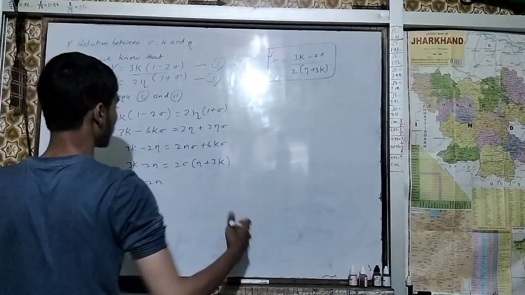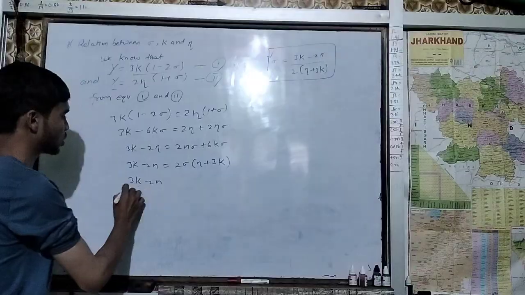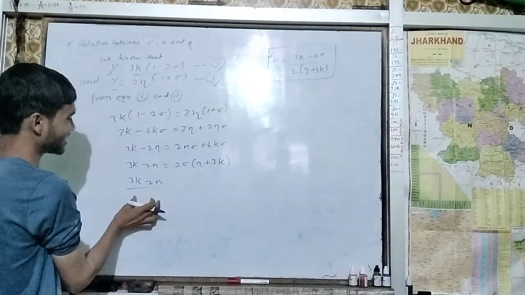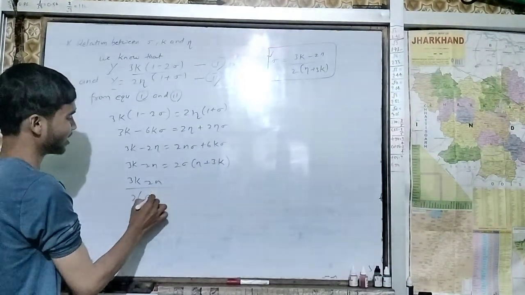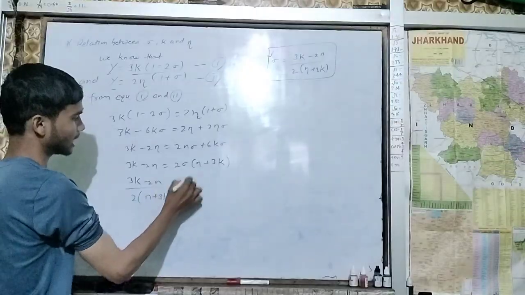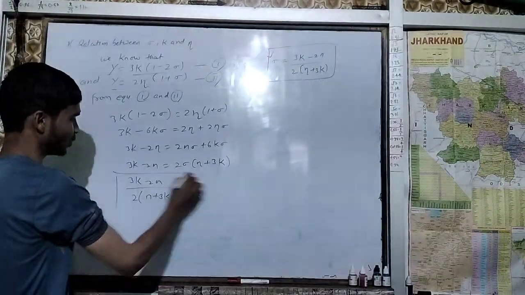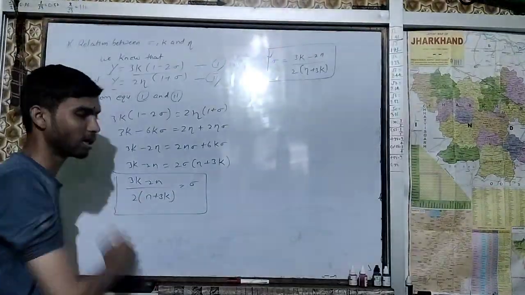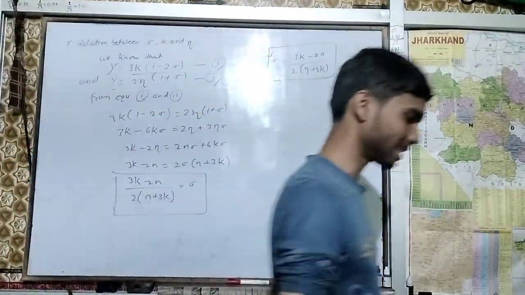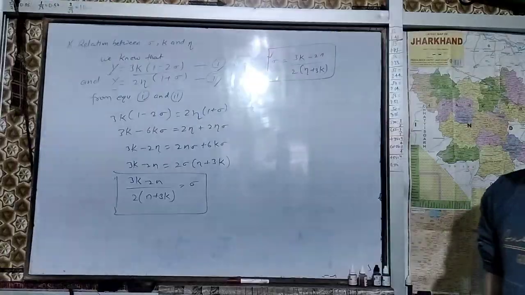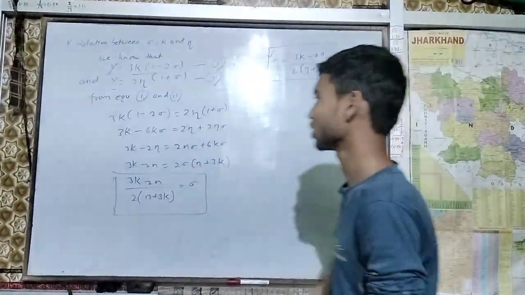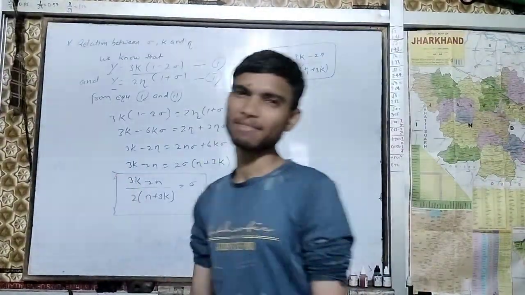According to the requirement you have to move on. So just shift this in the denominator, 2η plus 3k, and this Poisson's ratio will be as it is. Finally, you have brought this equation. That is all you have to bring. Got it? Was it difficult?